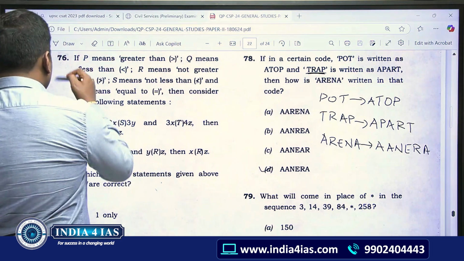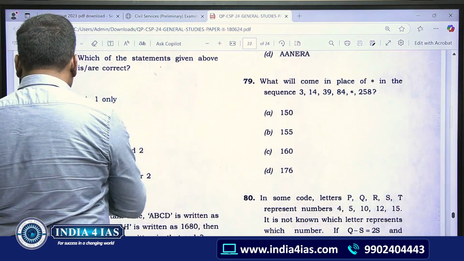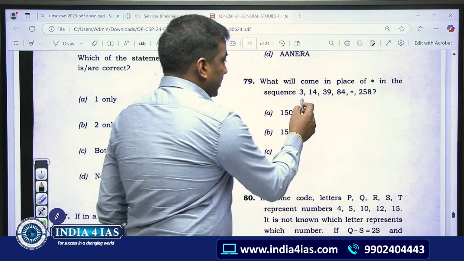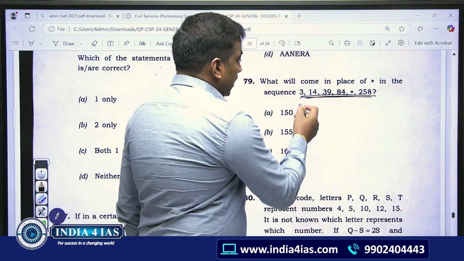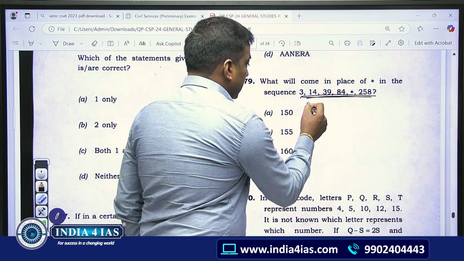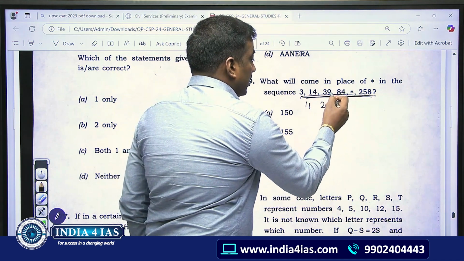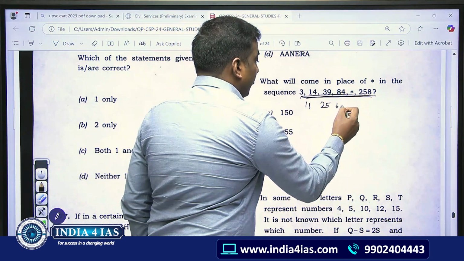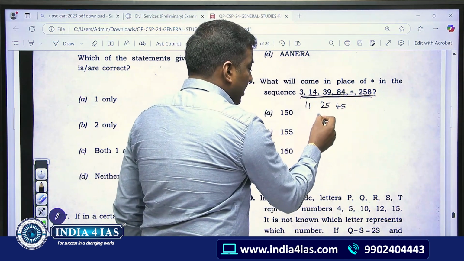Next one, with respect to the missing numbers here. In this case, what do we have to do? First, try to find the difference between the consecutive elements. 3 and 14, the difference is 11. 14 and 35, the difference is 25. 39 and 84, the difference is 45. Here I don't know. But look at the differences of them.